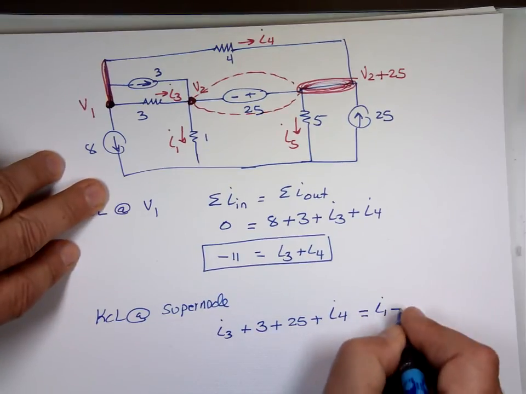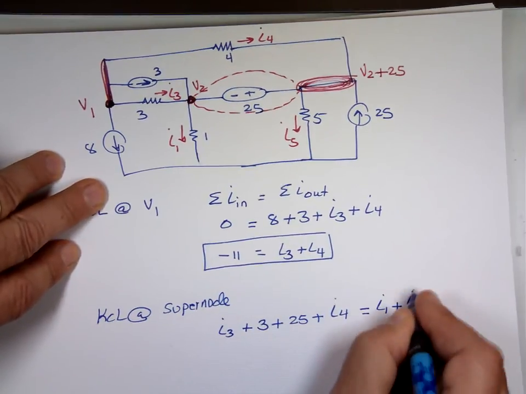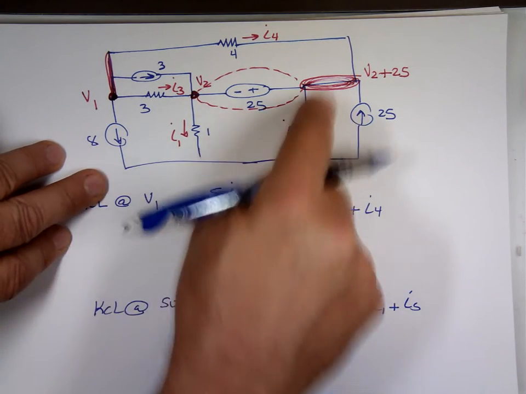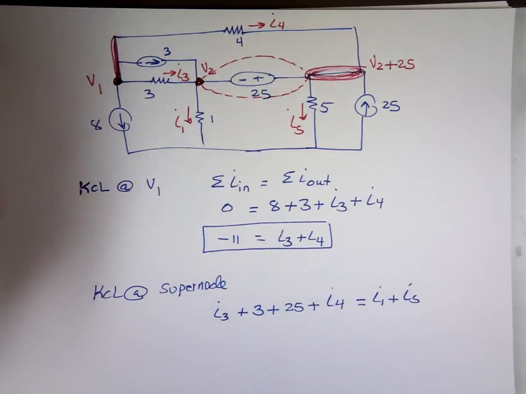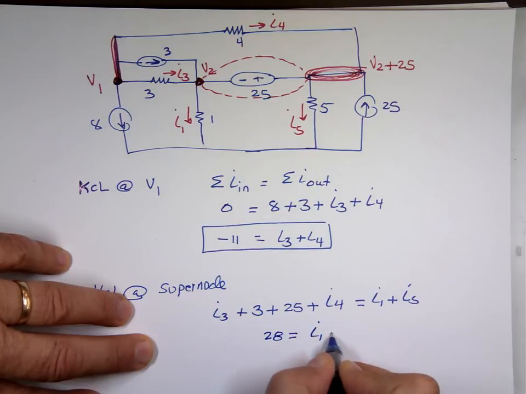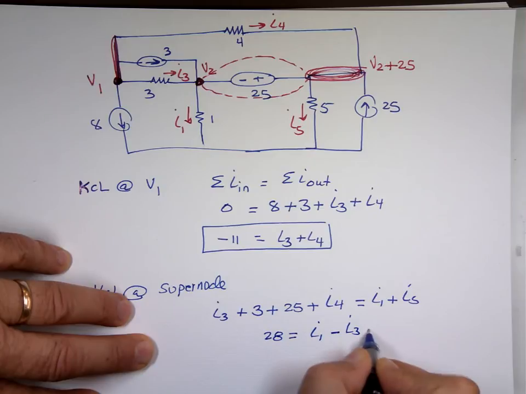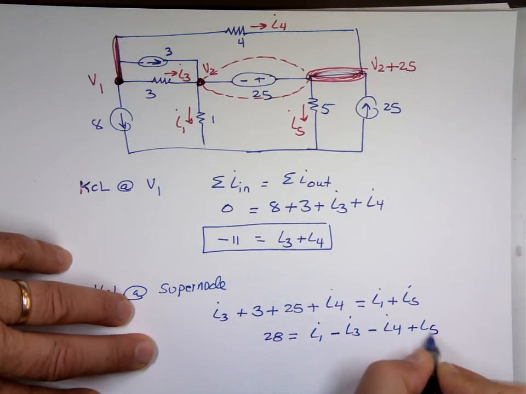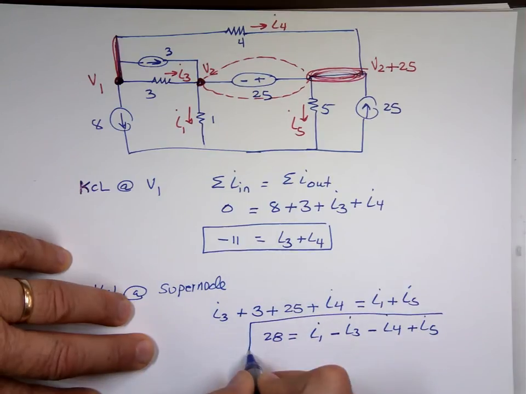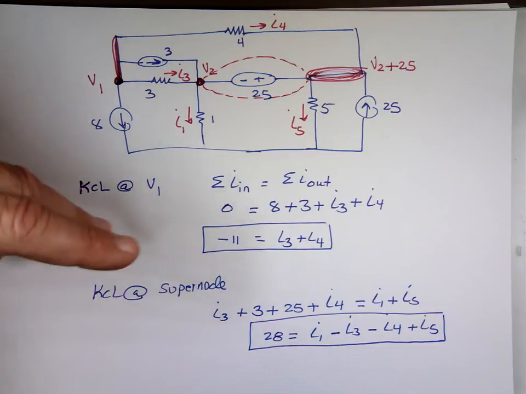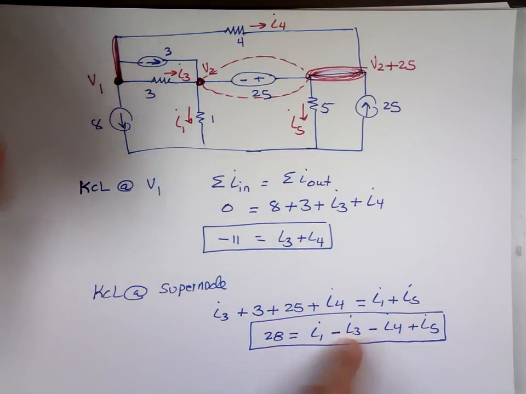Plus I5. That's all one node. Clean that. 3 and 25 is what? 28 equals I sub 1 minus I sub 3 minus I sub 4 plus I sub 5. 2 equations by 5 unknowns. Or 4 unknowns: I sub 1, I sub 3, I sub 4, I sub 5.